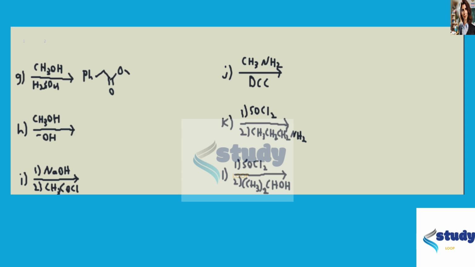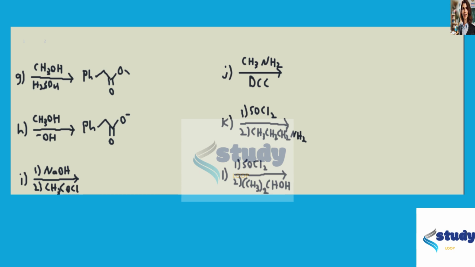For H, we're going to try to do the same thing, but instead of using acid, we're going to use base. And so that's not going to work. And so we will end up just deprotonating. Okay. For I, we're using sodium hydroxide followed by an acid chloride.